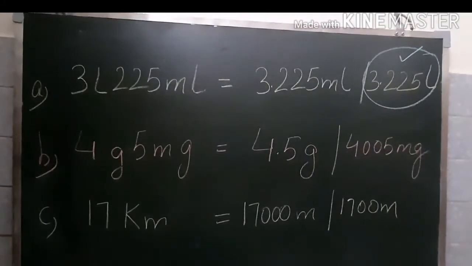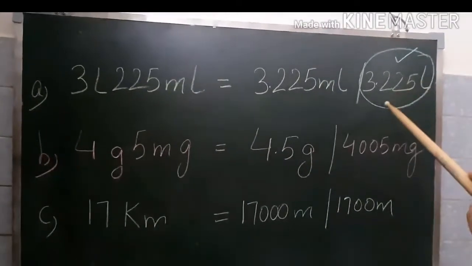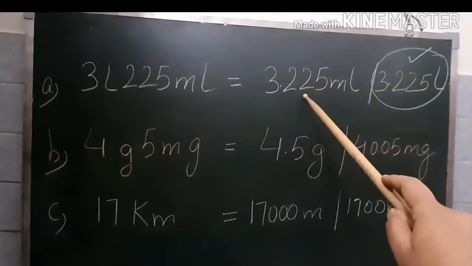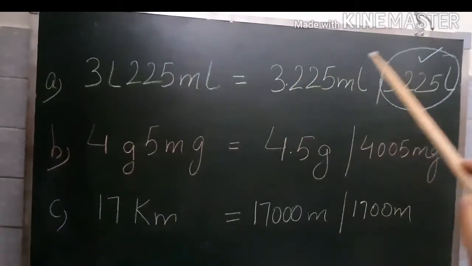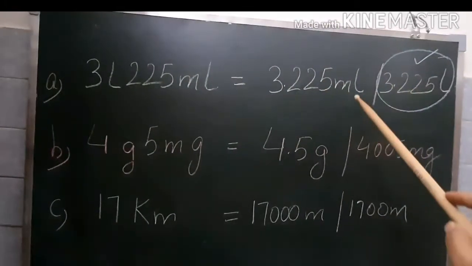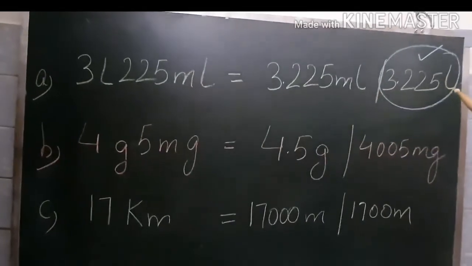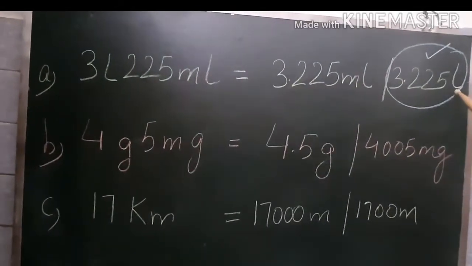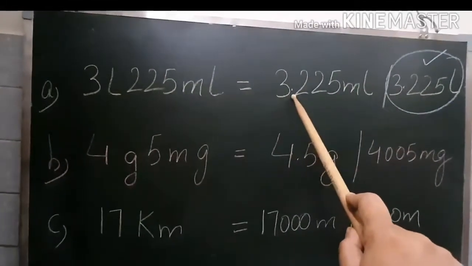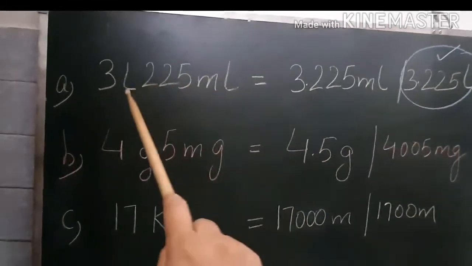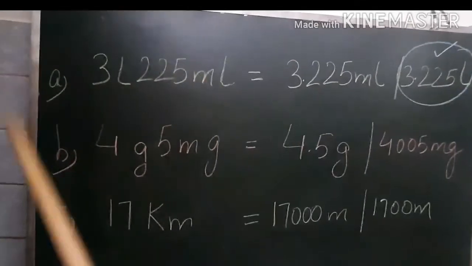Now let us explain why this is the correct option, not this one. As the decimal is in the same place, what is the difference in these two units? Here it is milliliter and here it is liter. When we put the decimal in this case, we get the answer in liter, not in milliliter.